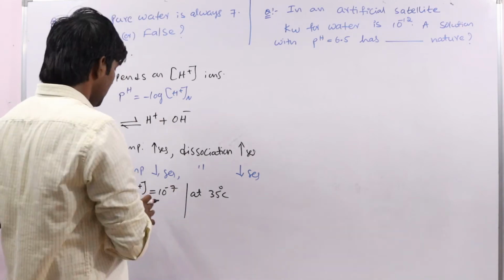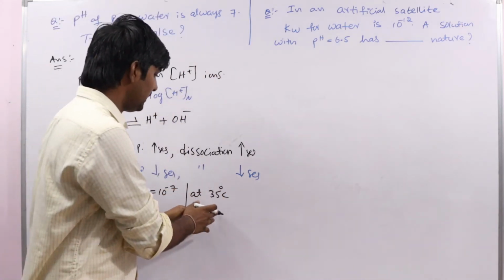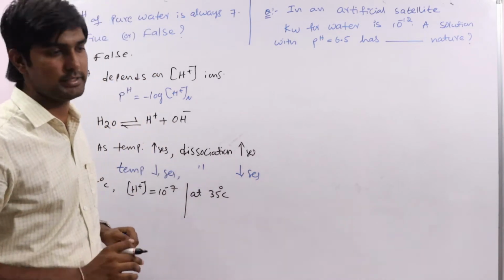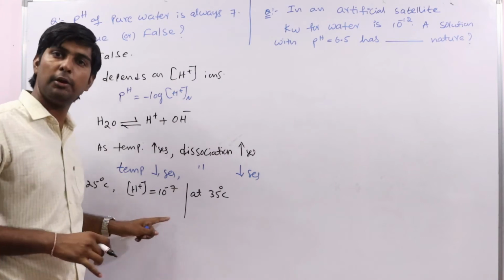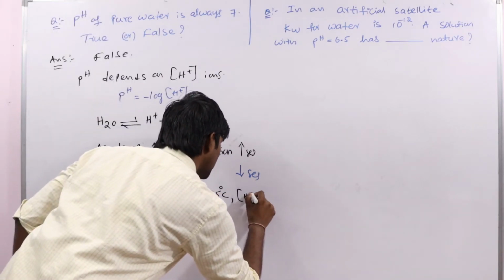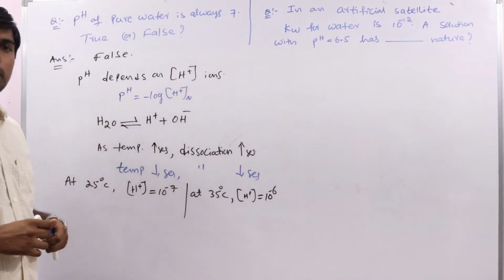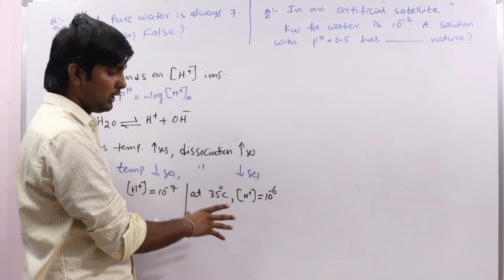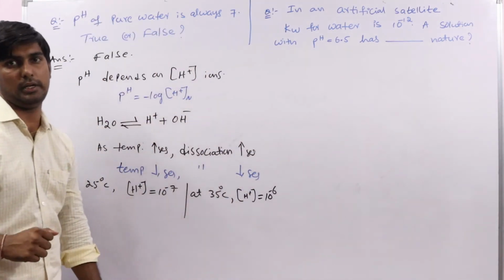So don't criticize here. Only for understanding purposes we are taking some value to understand easily. At 25 degrees centigrade H plus ion concentration is 10 power minus 7. Suppose at 35 degrees centigrade H plus ion concentration may be 10 power minus 6. Pure water only, but this is at 25 degrees centigrade, this is at 35 degrees centigrade.